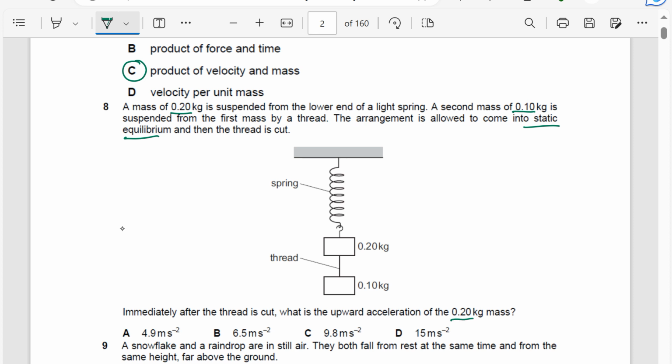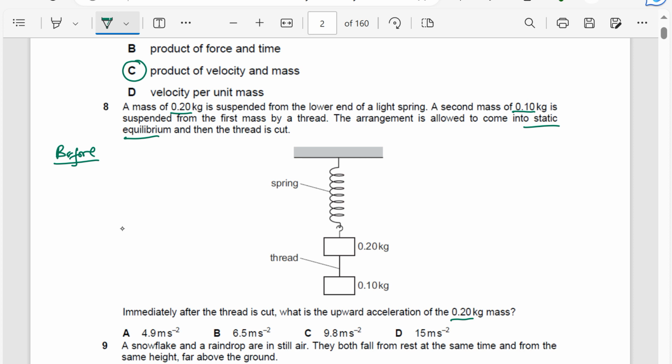Okay, let's first look at the situation before cutting the thread.